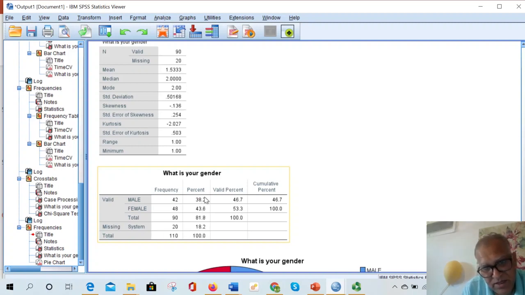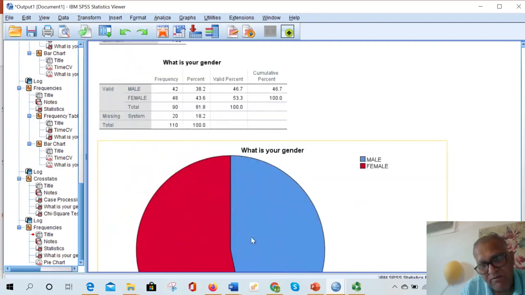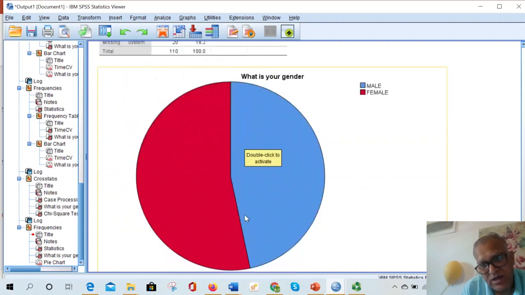So 38% male and 43% female, and there are some people missing from the system, which it is telling us. If there is no system missing, you get the exact figures, and this is a diagram.